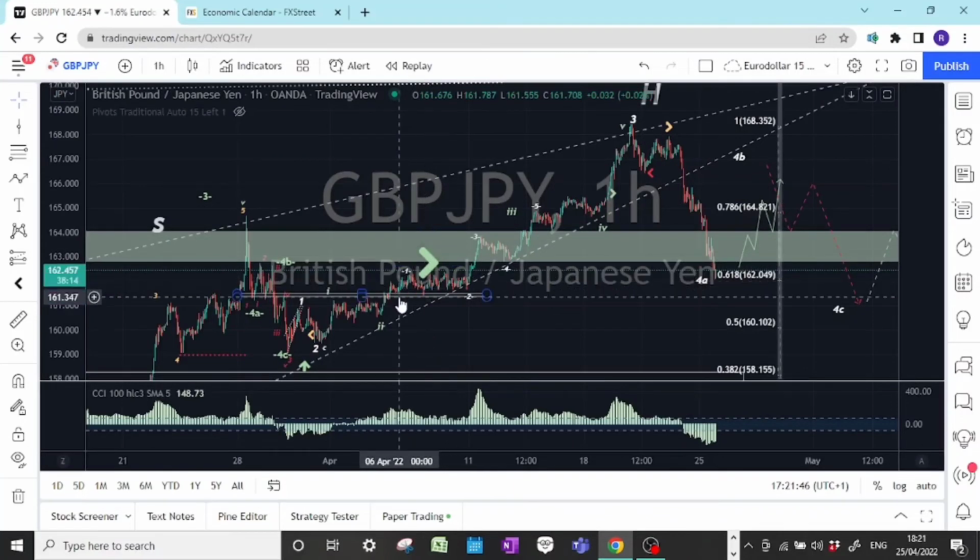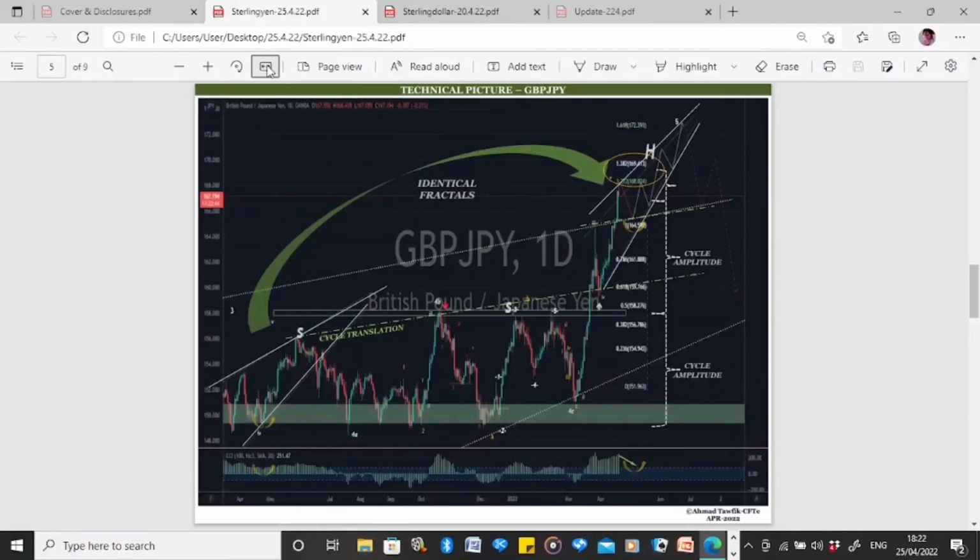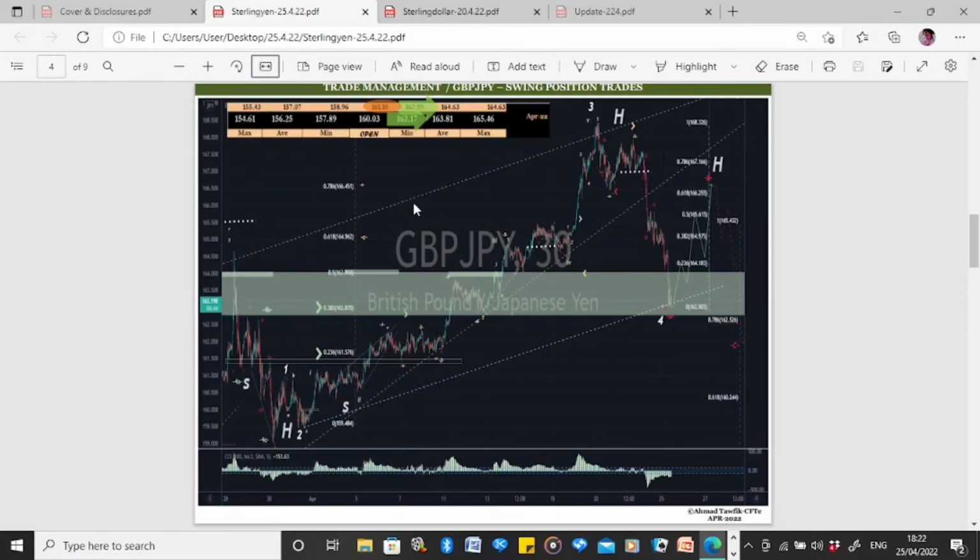Against 162 and 161.4, and maybe even 161.5 and 161.2. Right, I believe it's the same segregation in a 30-minute chart as already explained on our line.